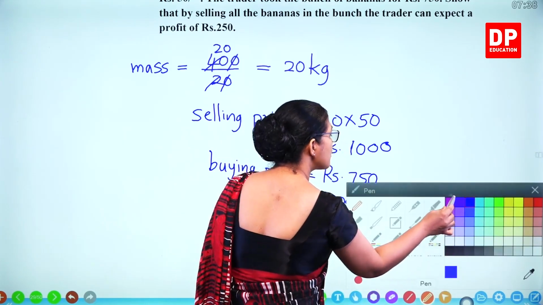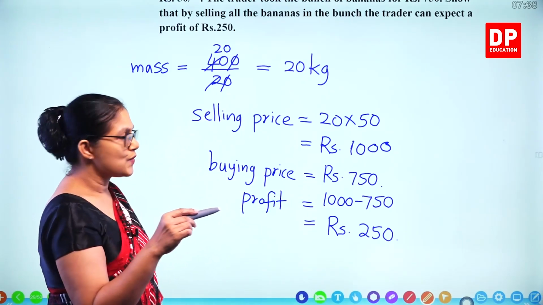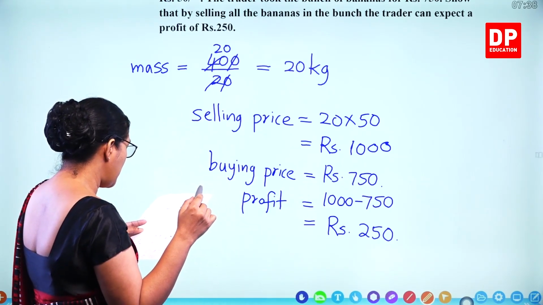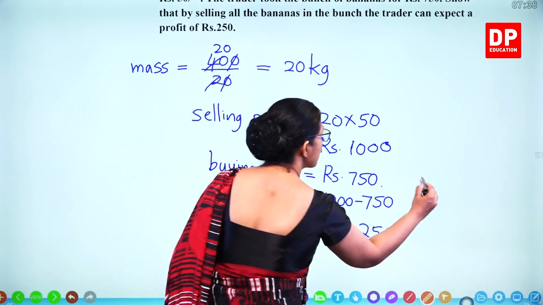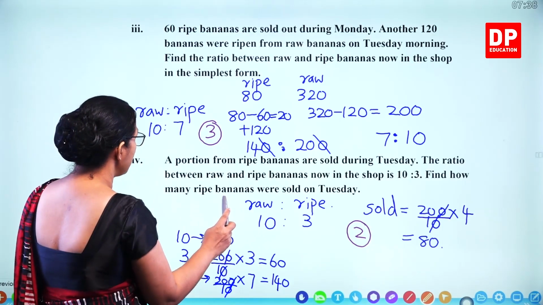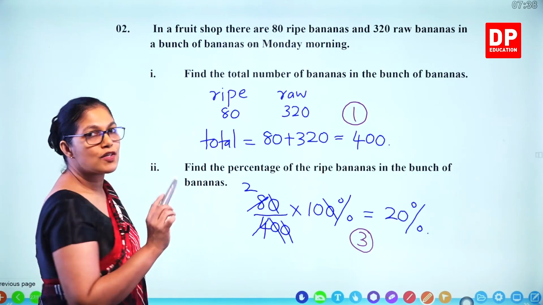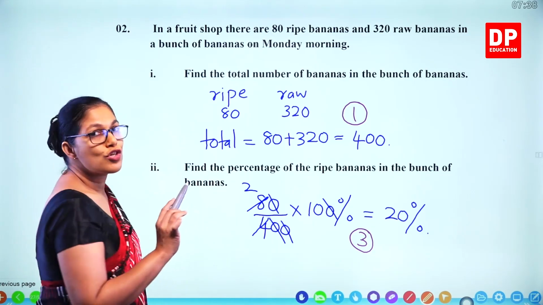That's the profit. So you are asked to show that the profit is 250 rupees. That's true. So how many marks for that? That's 2 marks. 2, 3, 4, 5, 6, 7, 8, 9, 10, 11 marks for this question number 2.